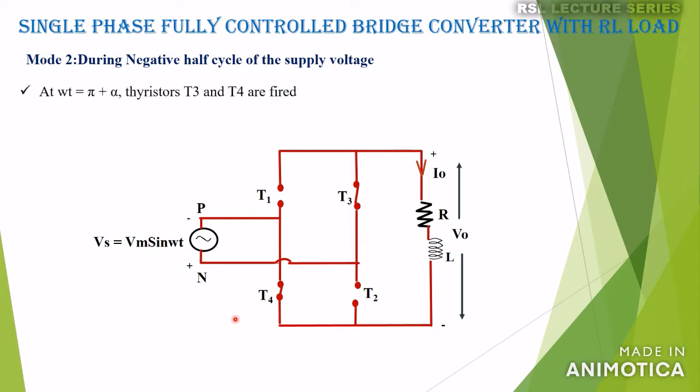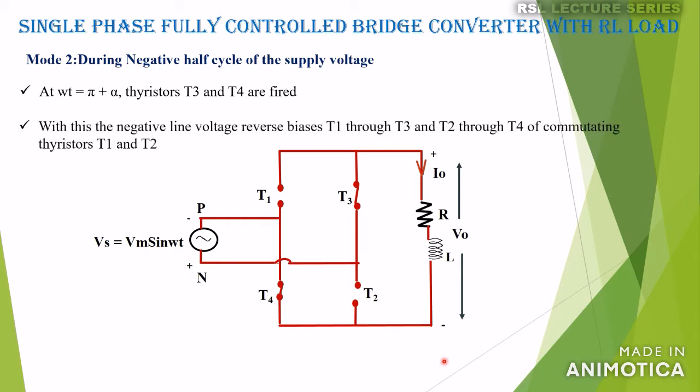Thyristors T1 and T2 are still conducting until we trigger T3 and T4, and they continue to conduct due to the presence of the load inductance. Once T3 and T4 are triggered at omega t is equal to pi plus alpha, negative voltage gets applied across T1 and T2, thereby turning them off.